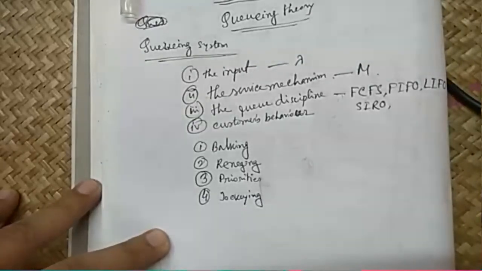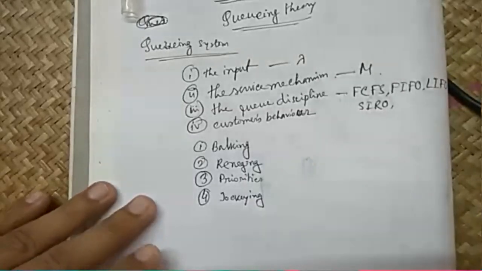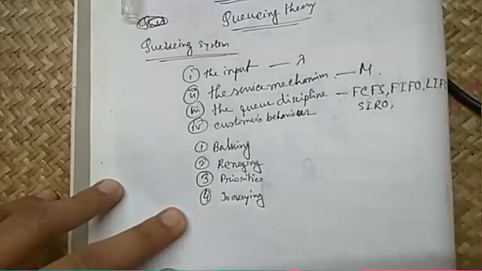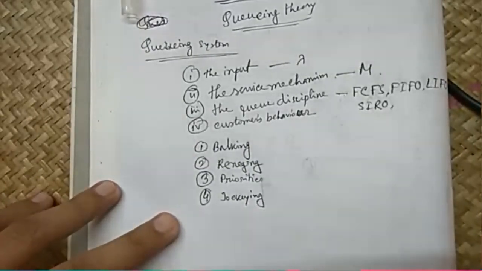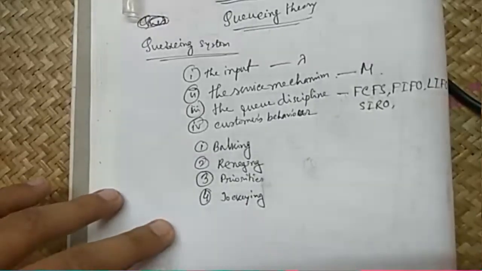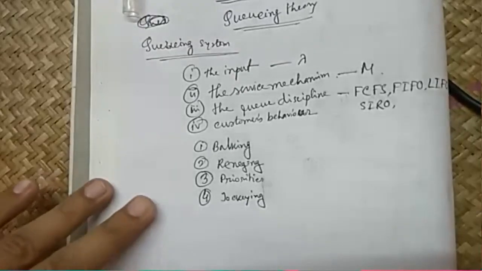So again you leave that line and join another line. So you are just jumping from one line to another. That is called jockeying. This is most common in supermarkets and railway ticket counters. Okay, so these are customers' behavior.